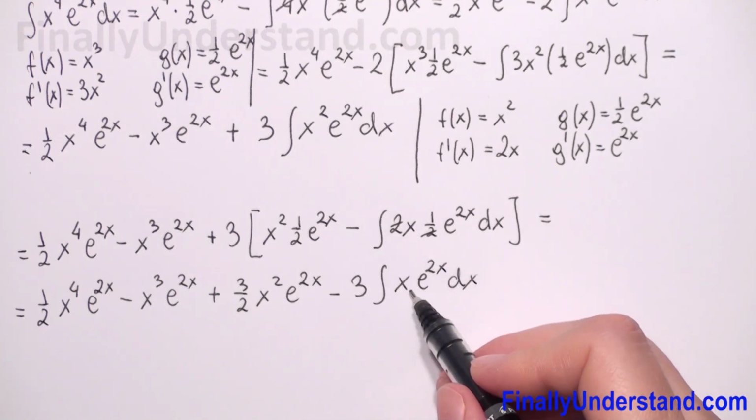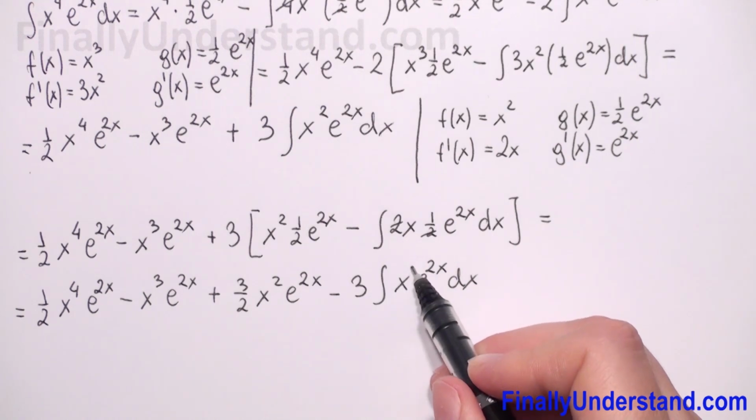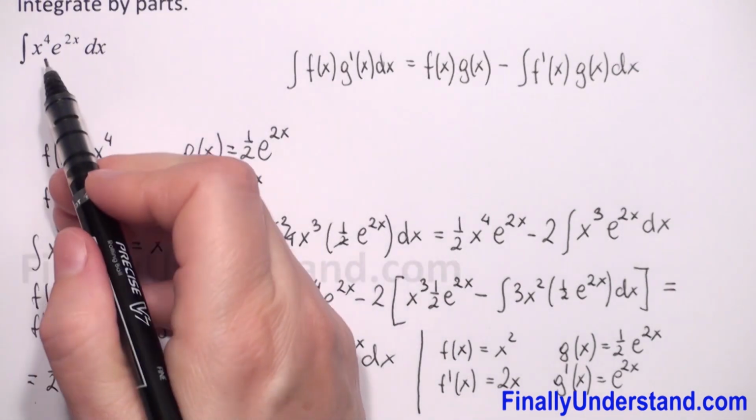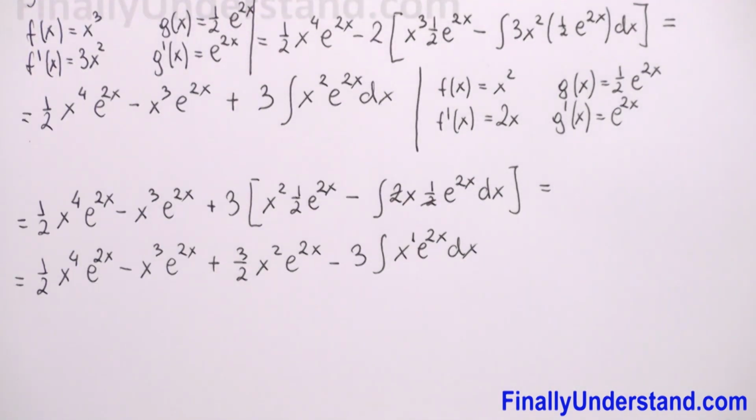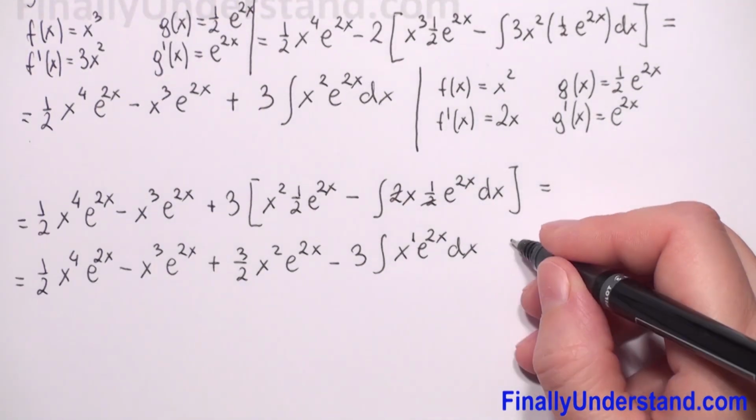And again we see that the power of x is now 1. At the beginning we had 4. So we will use integration by parts one more time.